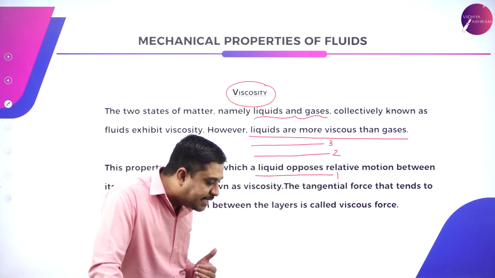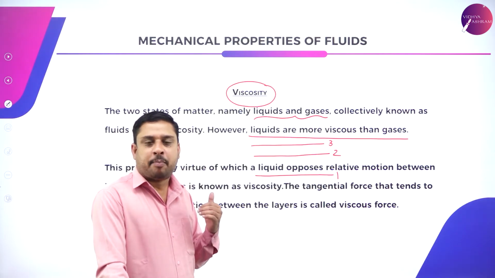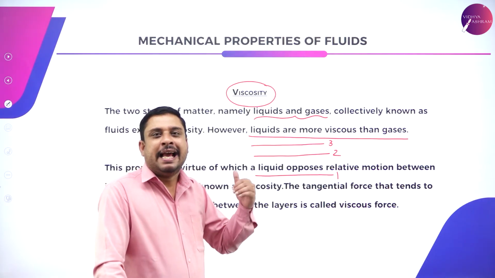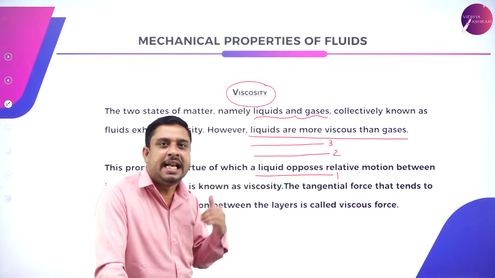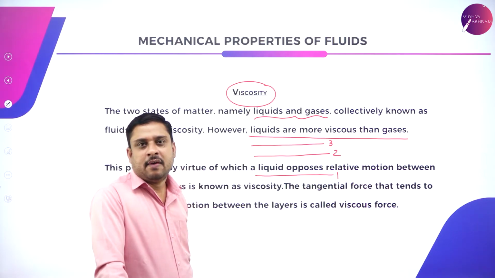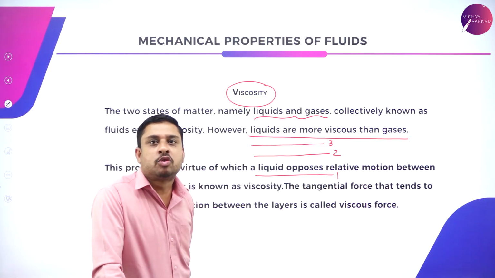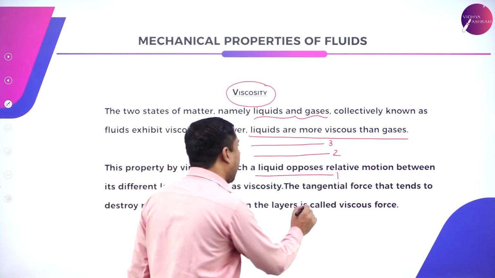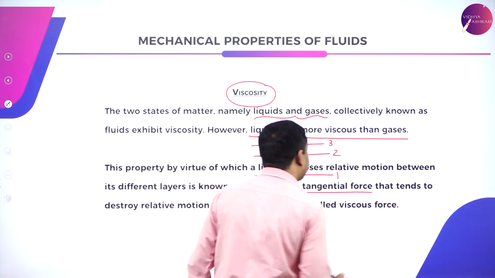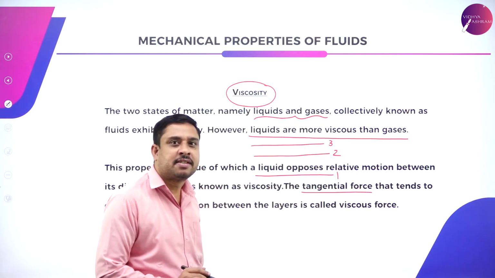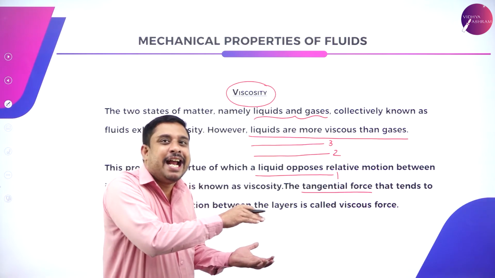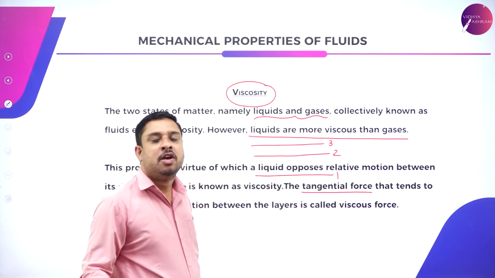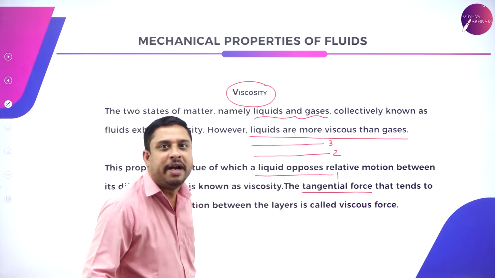So viscosity is the property of a liquid wherein every single layer will oppose the motion of the other layer, because of which we have a tangential force that will create a relative opposition to the motion of the fluid.